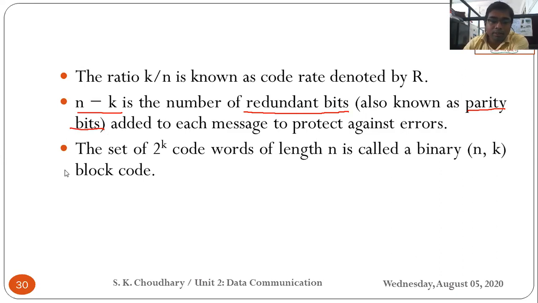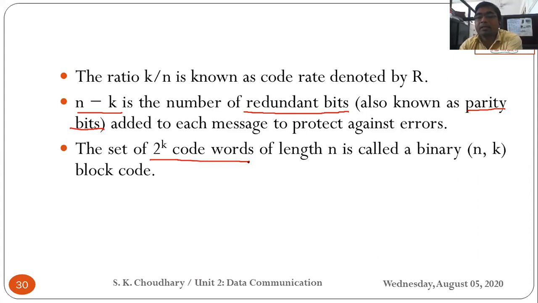And another concept is that we are using a k bit message. How many combinations of messages are possible with a k bit message? The number of possibilities is 2 to the power k, so 2 to the power k code words can be generated with the help of a k bit message.